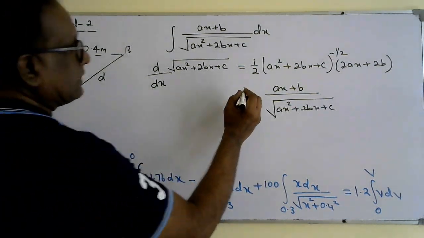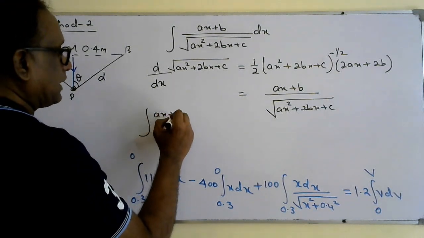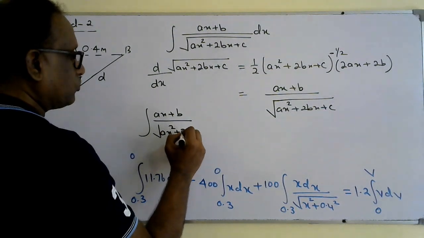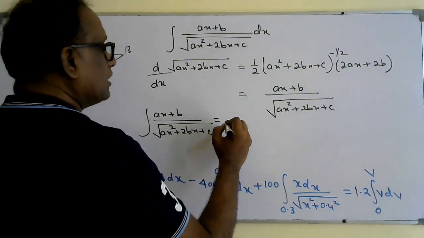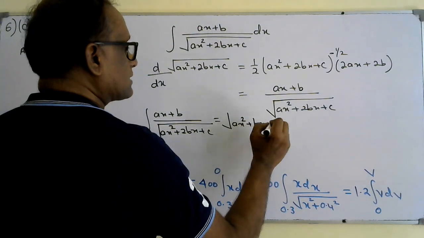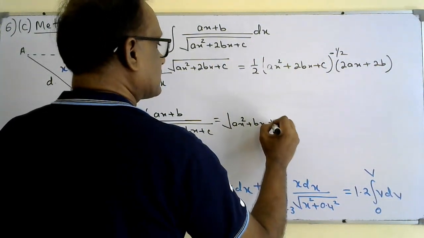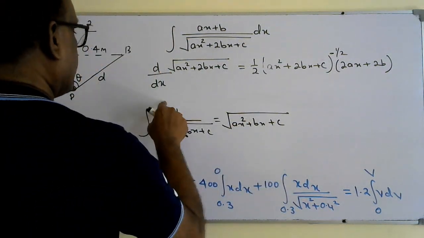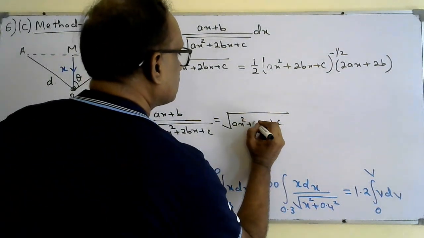So if I say the integral of ax plus b over the square root of ax squared plus 2bx plus c is equal to the square root of ax squared plus 2bx plus c, because if you differentiate it, you will get this pattern.